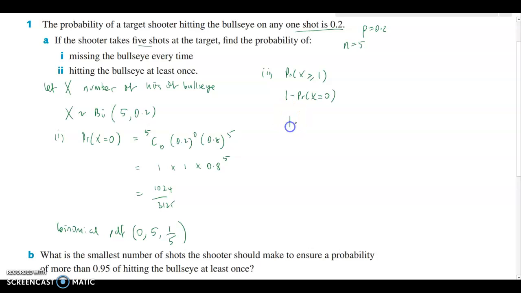So our answer is just going to be 1 minus 1024 over 3125. I'm going to make this into 2101, I hope, over 3125.